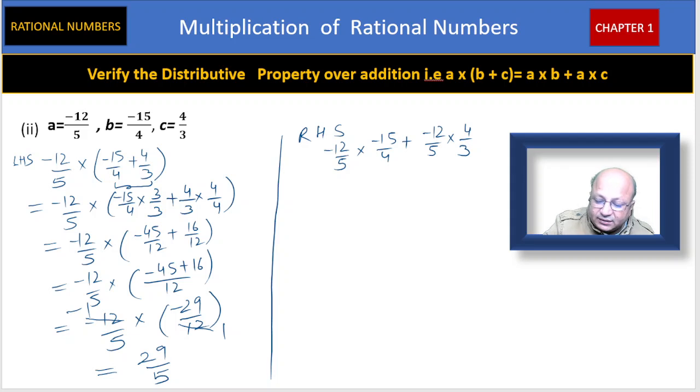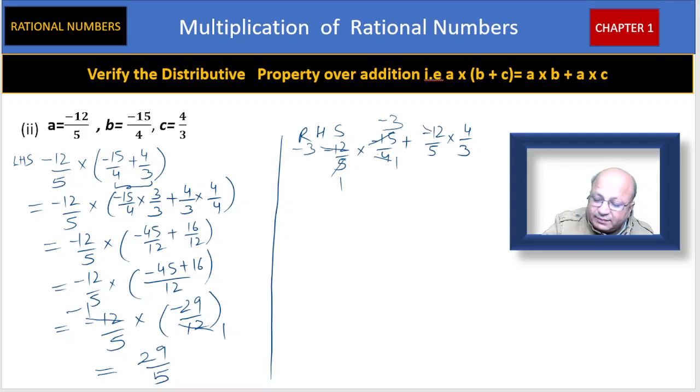So in first part, common factor between minus 12 and 4 is 4. So 4 divided by 4 is 1 and minus 12 divided by 4 is minus 3. Common factor between minus 15 and 5 is 5. So minus 15 divided by 5 is minus 3 and 5 divided by 5 is 1. Again in second part, the common factor between minus 12 and 3 is 3.